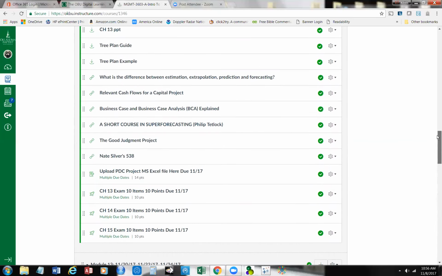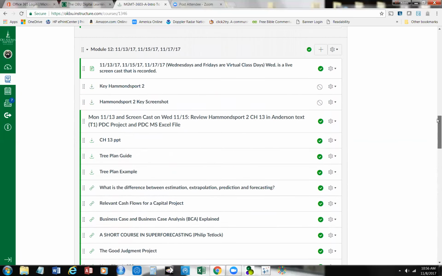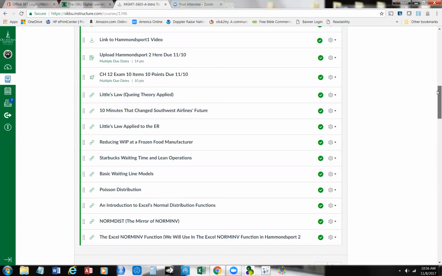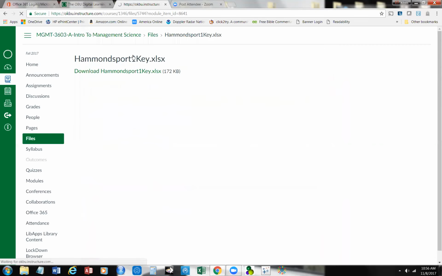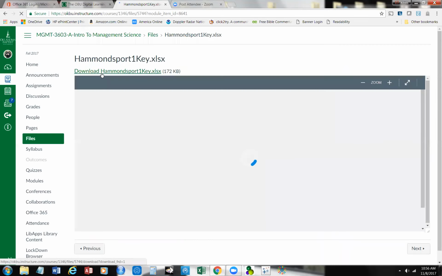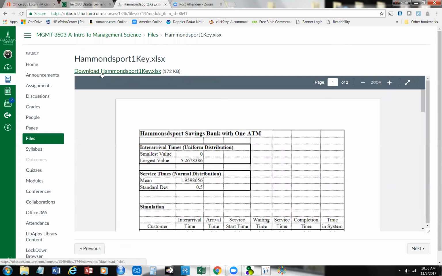This week, today is the 8th. When we met Monday, we went over the Hammondsport case, where we simulate data to figure out arrival times working within a queue. I'm going to download that file for just a second.